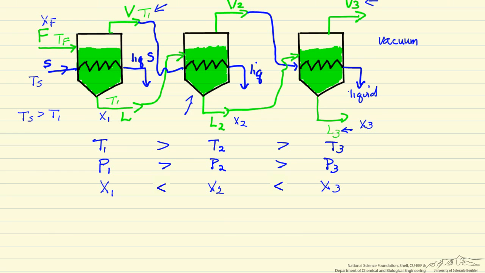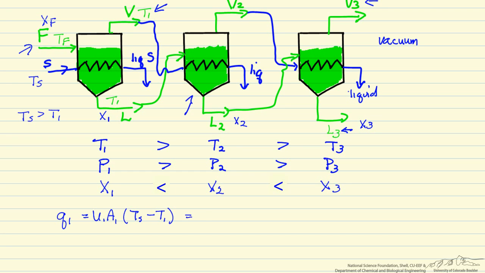If we assume that the feed coming in is at T1 or very close to T1, then all the energy goes to vaporize the liquid, and we can write the heat transfer in the first effect as Q1 equals U1 times A times the temperature of the steam minus T1.